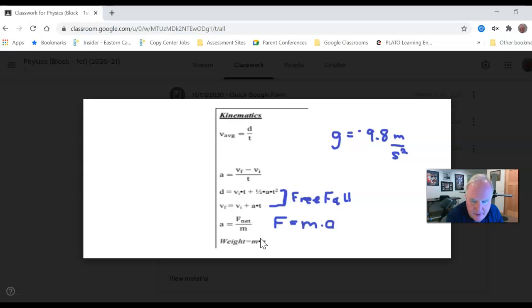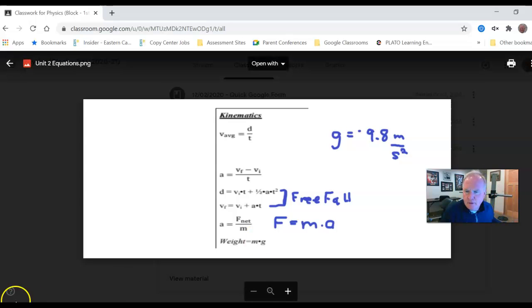Mass, remember mass, we said if we had a marker and the marker has a certain amount of stuff, that's mass. And mass can never change, right? This is the amount of stuff. If I take this marker and I bring it to the moon, it still has the same amount of stuff. And so mass does not change whether you're on the Earth or the moon.